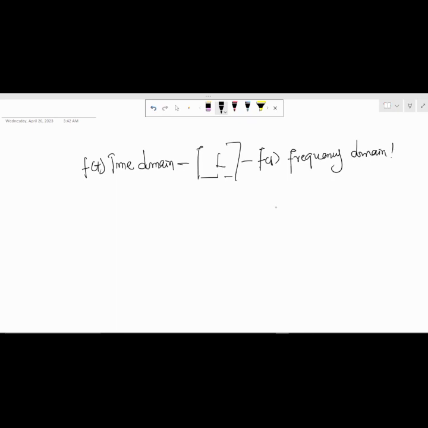With this, we can analyze the behavior of systems that evolve over time by converting them into simpler expressions in frequency domain, and this also allows us to solve ordinary and partial differential equations easily.